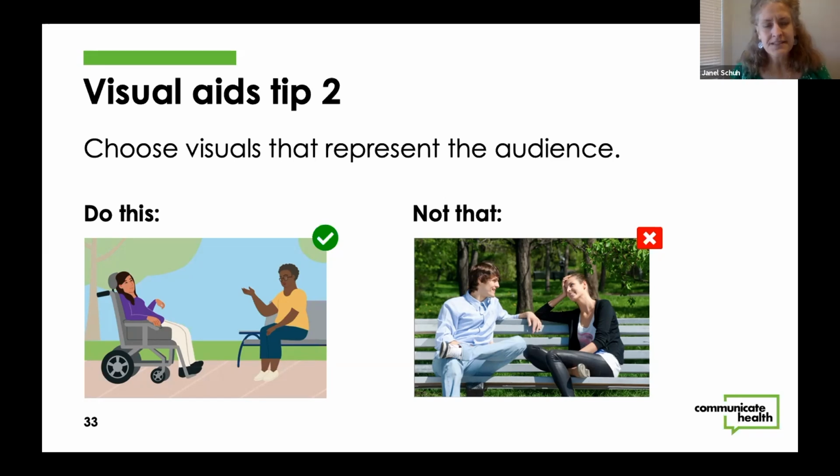I saw some questions earlier about cartoon versus pictures. And in this case, the cartoon storybook way of representing information here was specifically chosen because that really resonates with a lot of people with IDD.